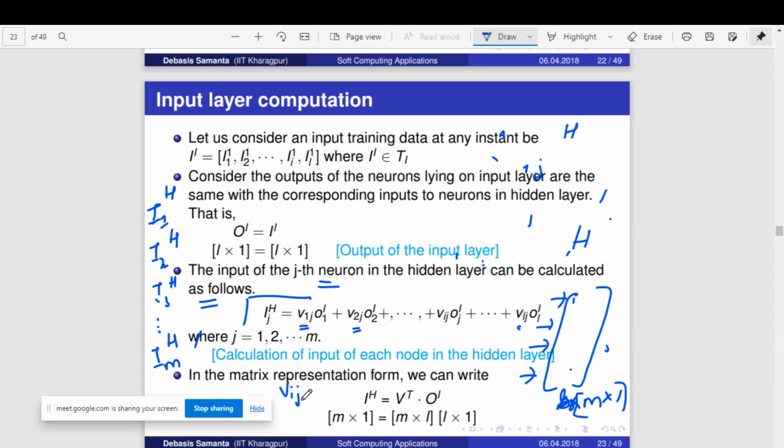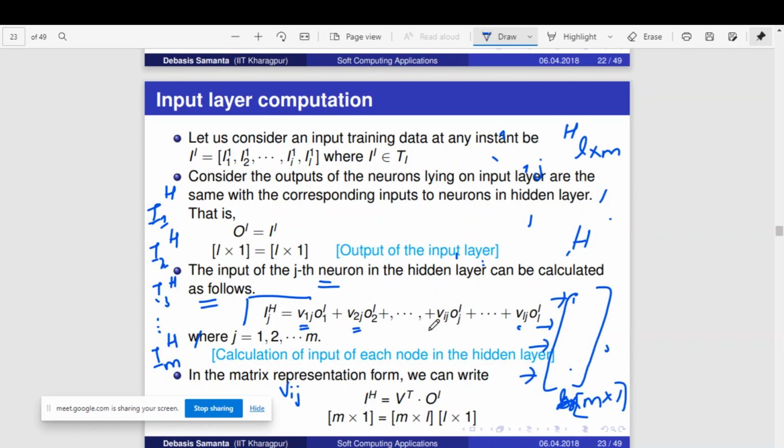What is the size of the V matrix? L cross M. Good. Yes, it is L cross M. That is fine, so let us keep it L cross M. Then O is output.